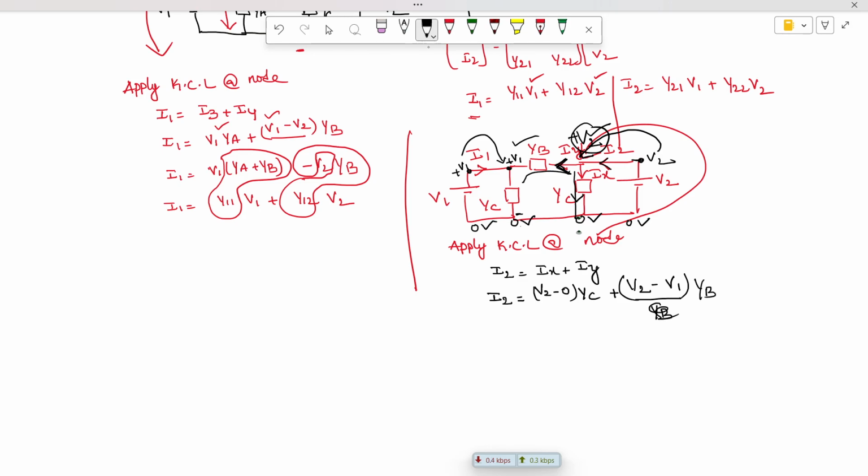Now I'm writing the standard equation. I2 is equal to minus V1 YB, and in this equation I'm going to take V2 as common. So V2 times (YC plus YB).